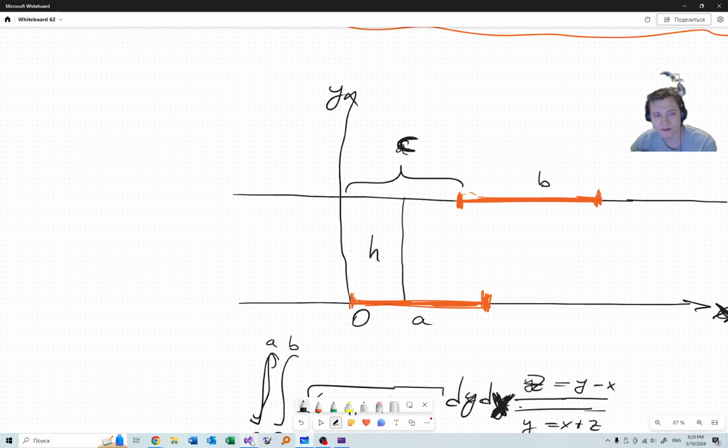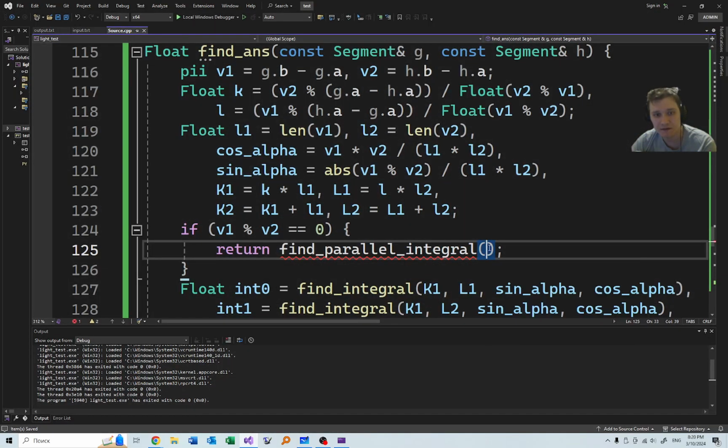So A is simply the length of the first segment.